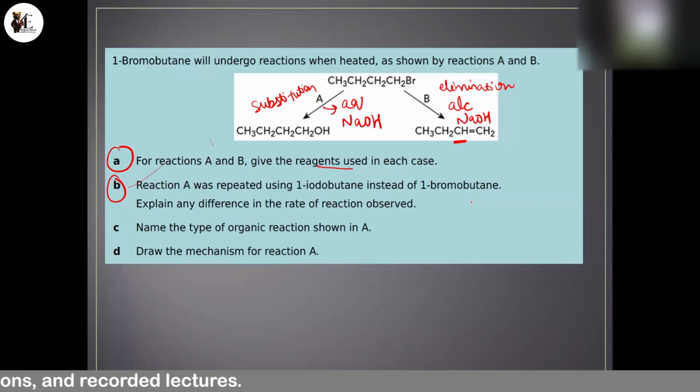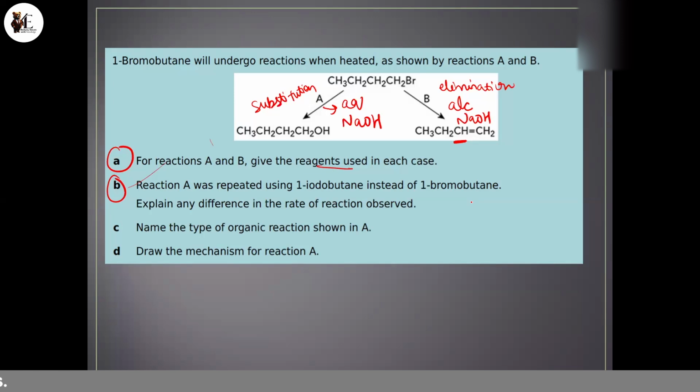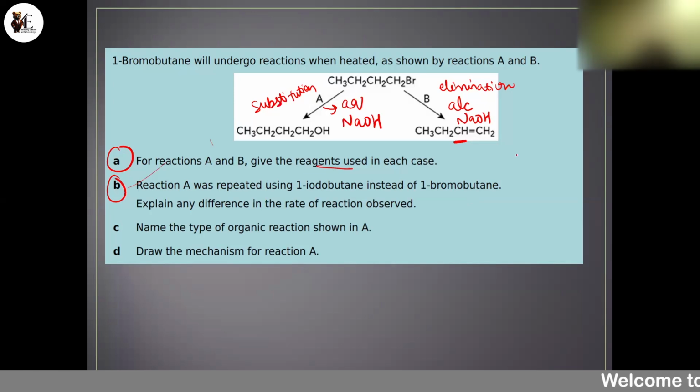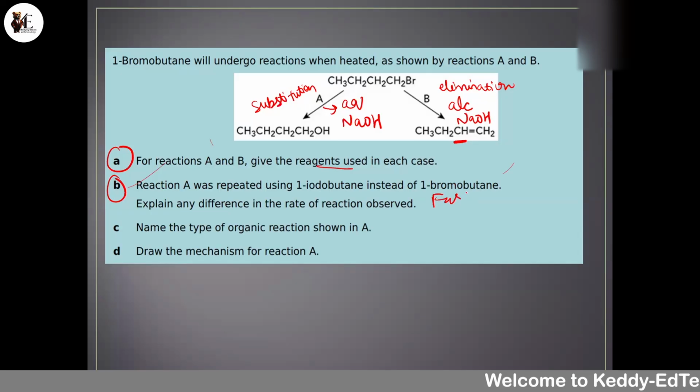Faster. Yes, the rate of reaction would be faster with 1-iodobutane.